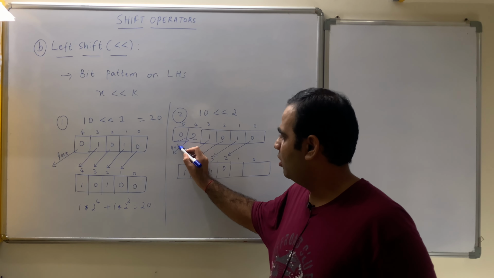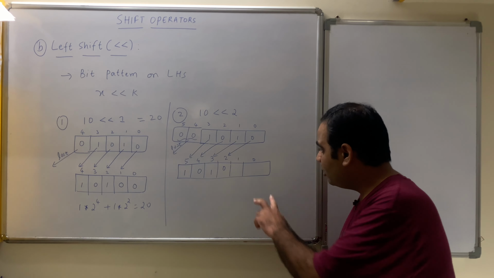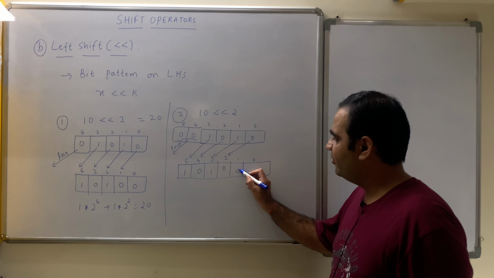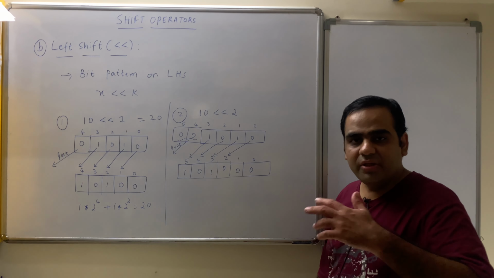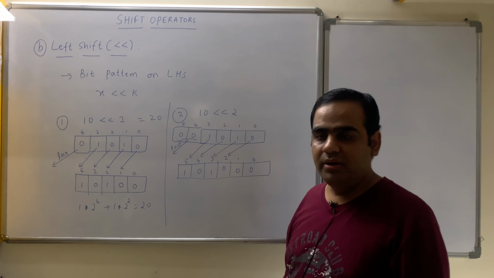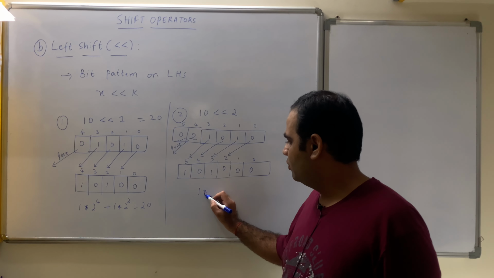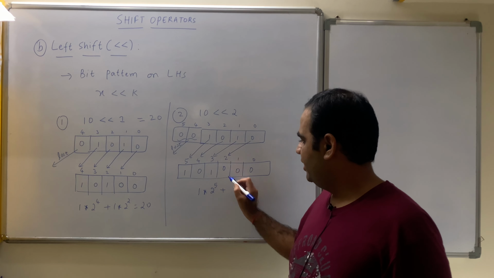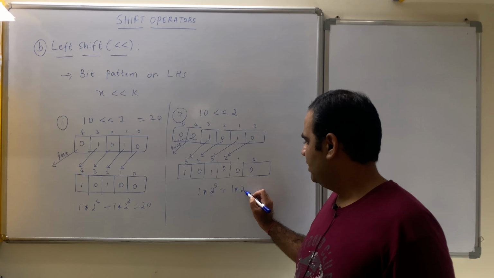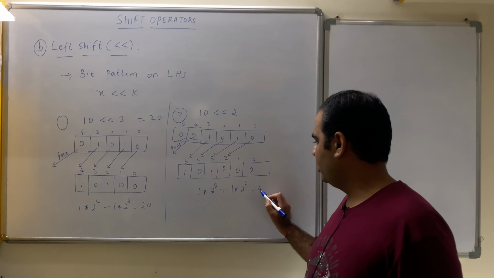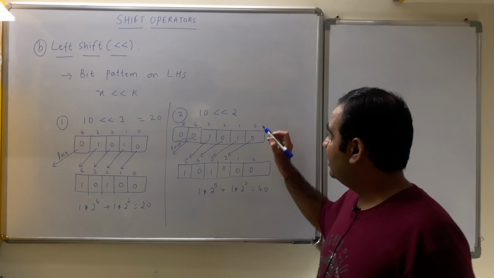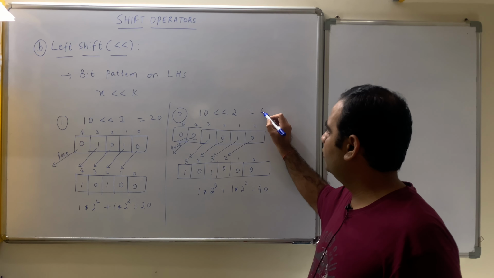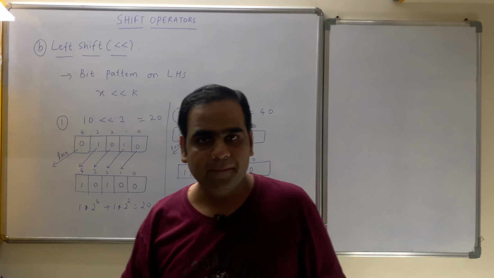These are lost. And what do we fill at these 2 places? We fill 0. Now this number we convert back to the decimal. This is 1 into 2 to the power 5 plus 1 into 2 to the power 3, and this is equal to 40. Therefore 10 left shift by 2 is equal to 40.